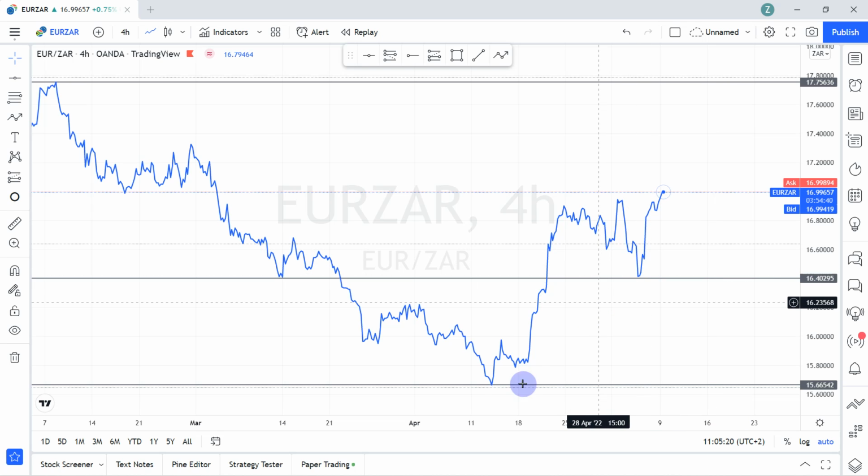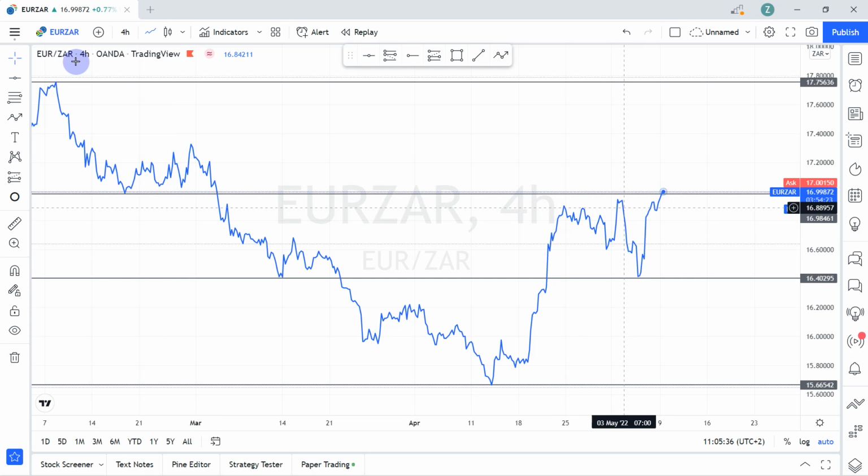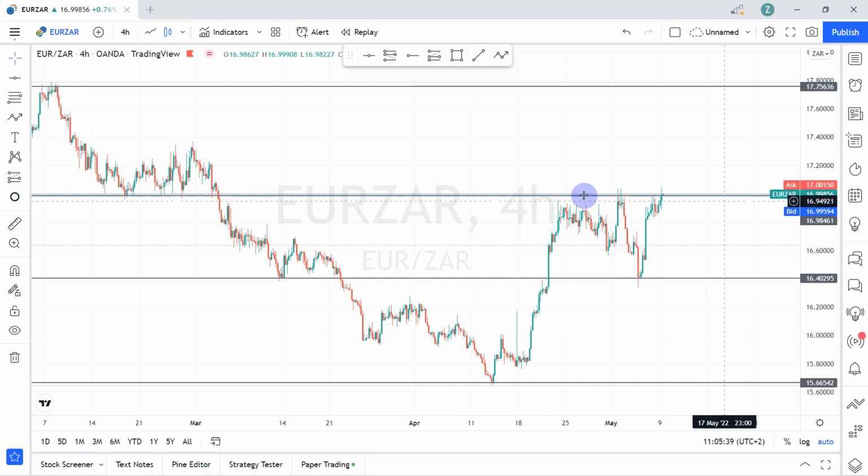Twice is enough to consider a key level. So it's also a key level that I want to cater for. You can see the market rejected here, also here rejected. If I switch back to candlesticks, you would see weak rejections, and also here the market is currently at our key level.